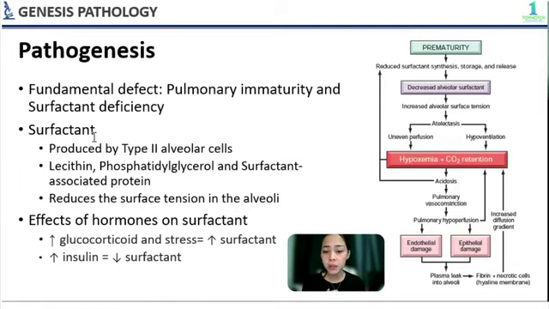Surfactants are important because they reduce the surface tension in the alveoli. This reduced surface tension means decreased pressure required to keep the alveoli open. So it also prevents them from collapsing.